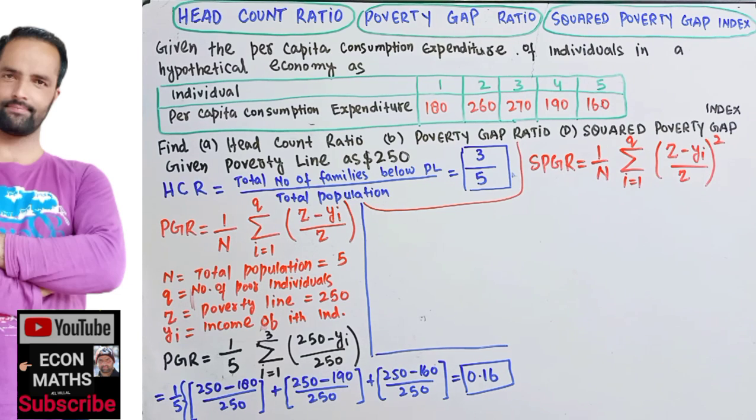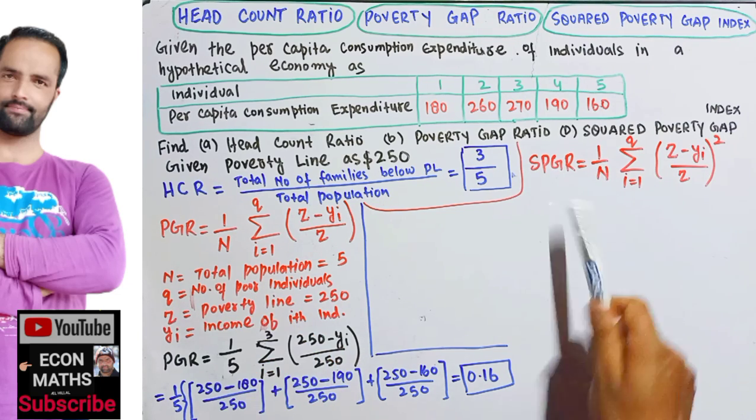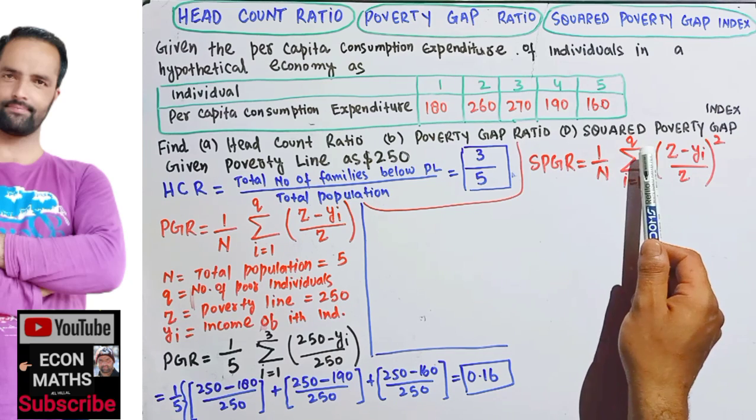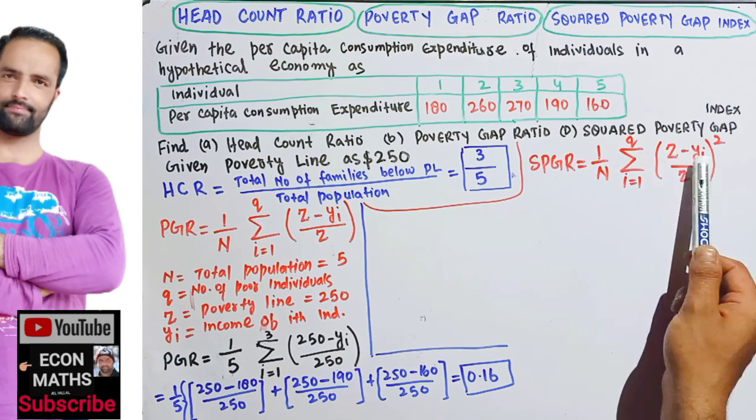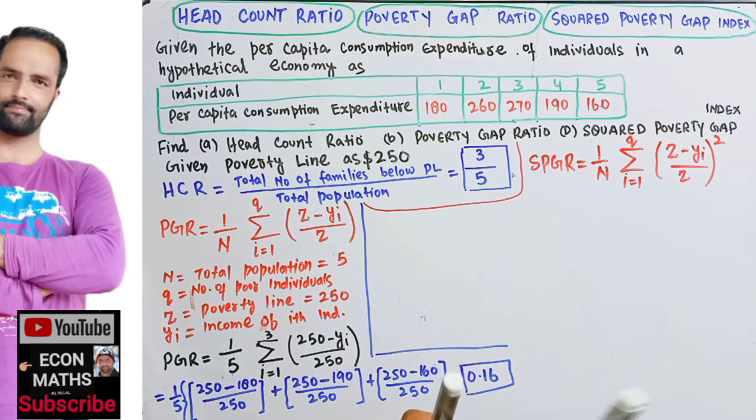Here n denotes the total population, q denotes the number of poor individuals, z denotes the poverty line, and yi denotes the income of the ith individual who is poor. And we square it here.